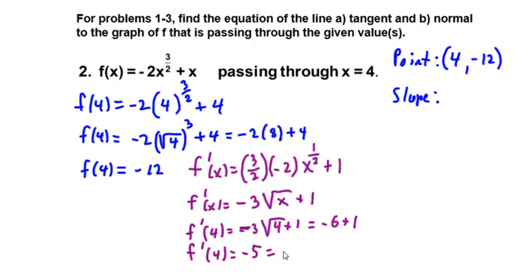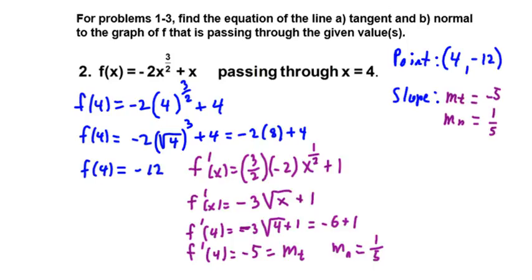And that's going to be the slope of our tangent line. And the slope of our normal line, which we call m sub n, is going to be the negative reciprocal of negative 5. So m sub n is going to be 1/5. So our slopes here: m sub t equals negative 5, and m sub n is equal to 1/5.